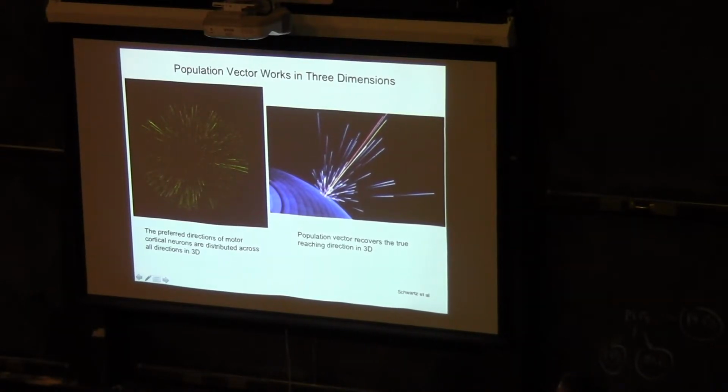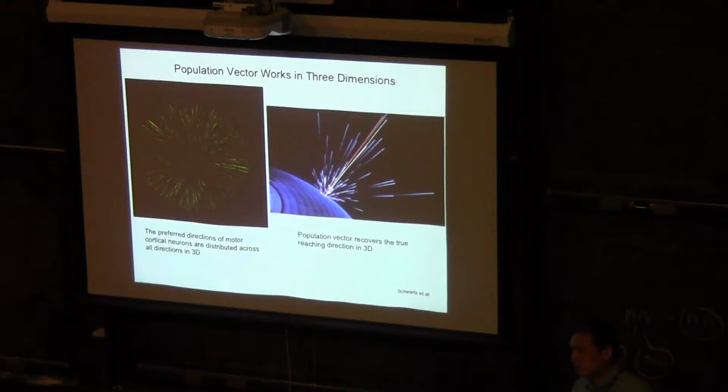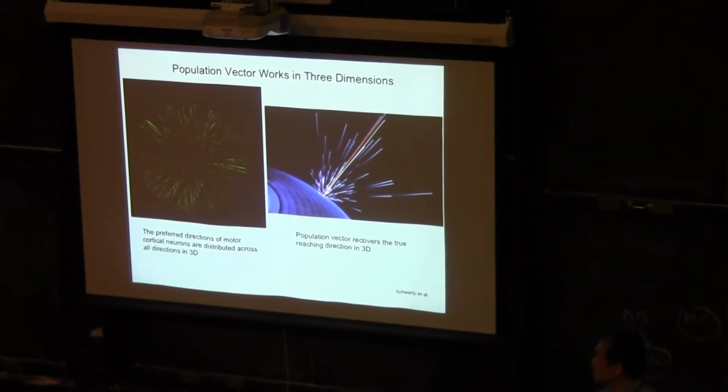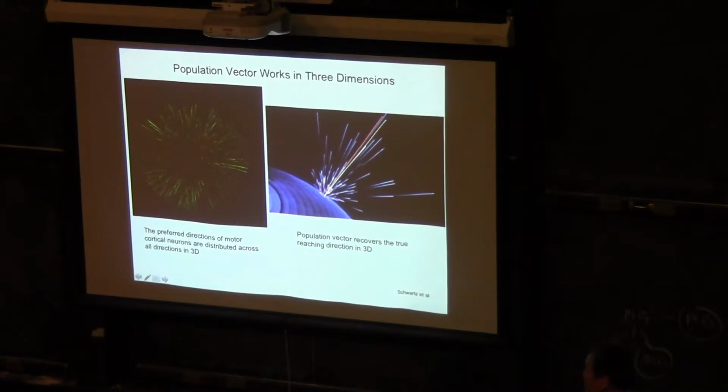In vector form, you average all the preferred directions, weighted by activity, and it's very similar to the actual movement direction in the 3-dimensional case as well.